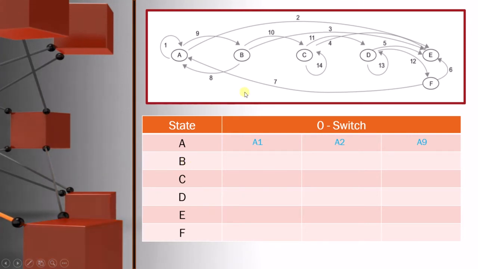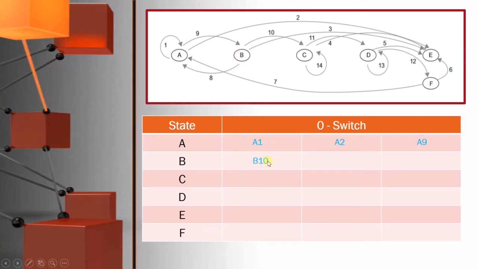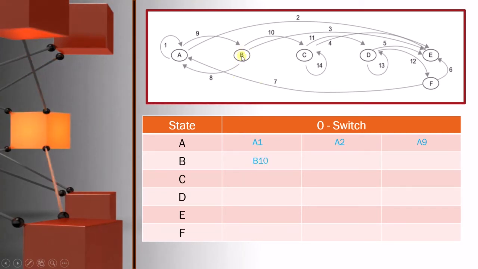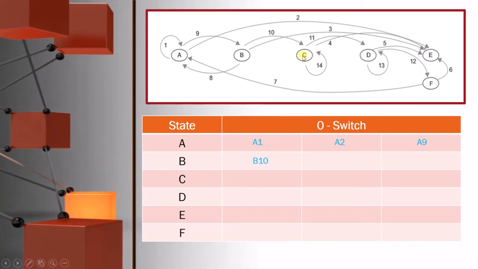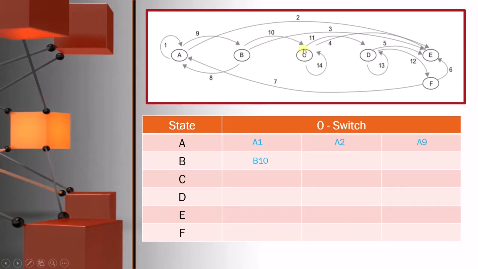Now for B. When you are at B, very easily you can find out 1, 2 and 3. There are totally 3 transitions which are going outwards. So there will be 3 zero switches. Now let's try to name them. First one is B10. Let's see whether it is a zero switch transition or not. This is B. This is 10. With B10 you can reach C. And it's an outgoing transition.